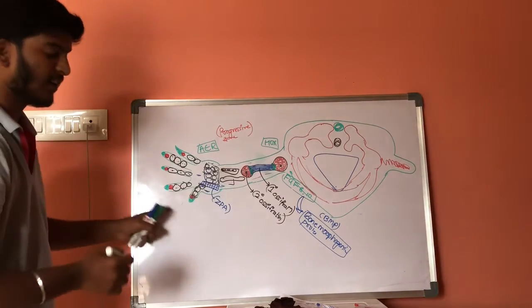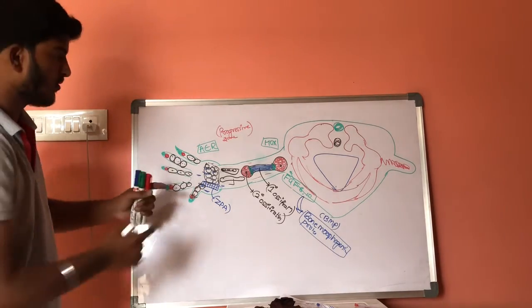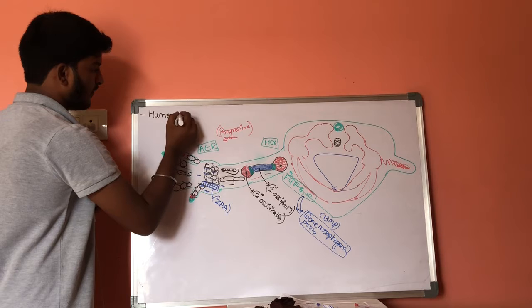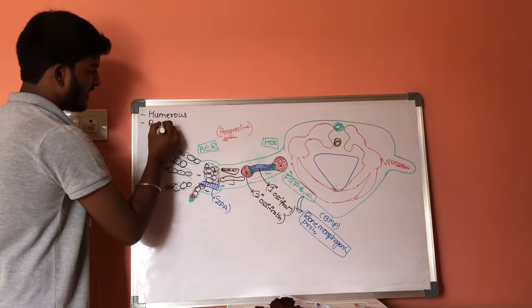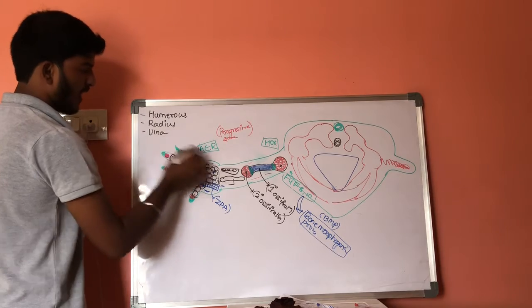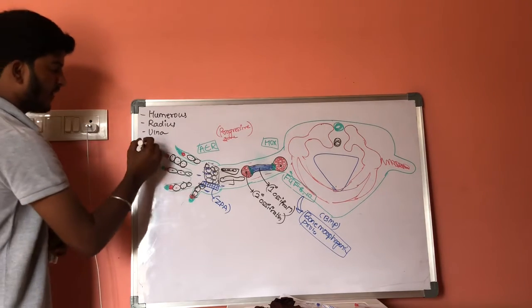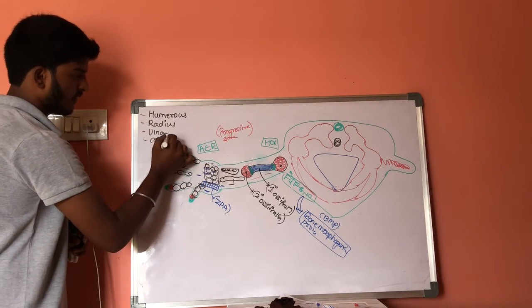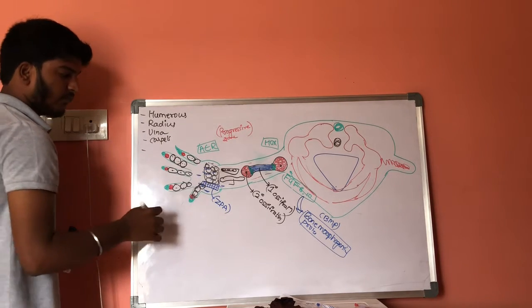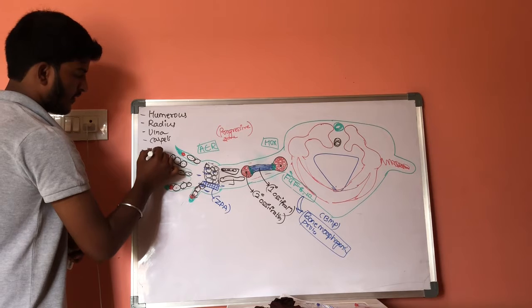Let us consider this is one forelimb. So it consists of one humerus and one radius and one ulna bone and carpals, and it involves metacarpals.